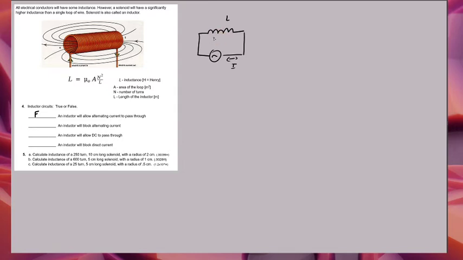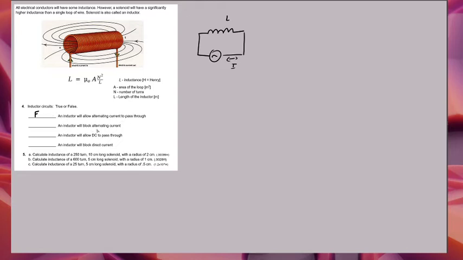Every time the current is increasing in the opposite direction, it will oppose that change as well. And so this inductor will kind of choke down the alternating current, and sometimes these are actually called chokes. But some AC will get through, so it's not really false, but kind of, sort of.